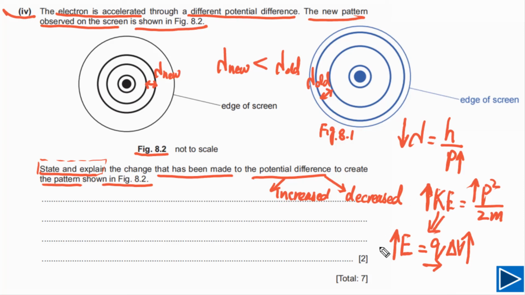So that's all we have to write down for the answer. We will say the accelerating potential difference has been increased because the momentum of the electron has been increased, because its wavelength has been decreased.